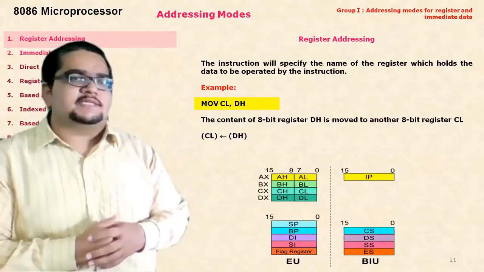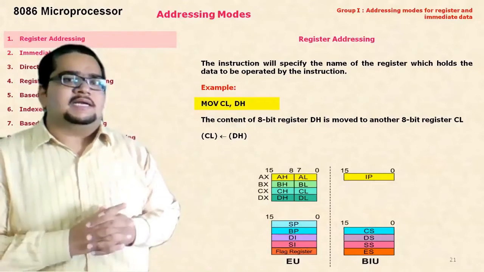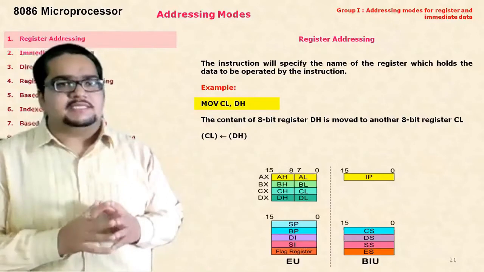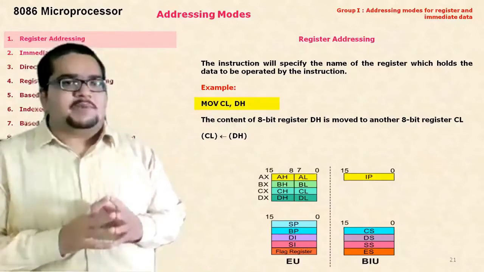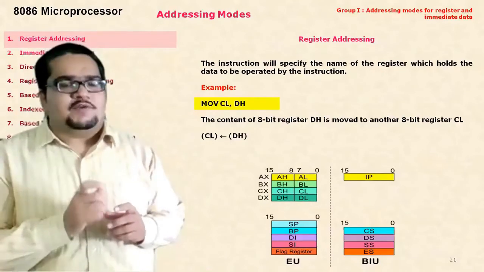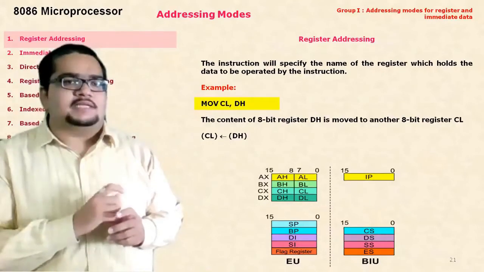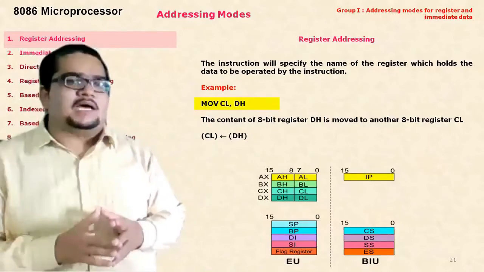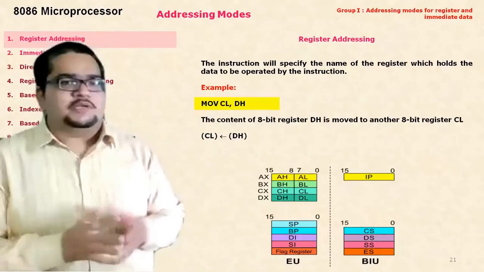Starting our discussion of the addressing modes with the register addressing type. Earlier, while discussing the instruction formats, we took one example of a move instruction, moving some content of a register from one place into another register. This example is similar to that one, but here the registers are different. Anyhow, registers can be anything.